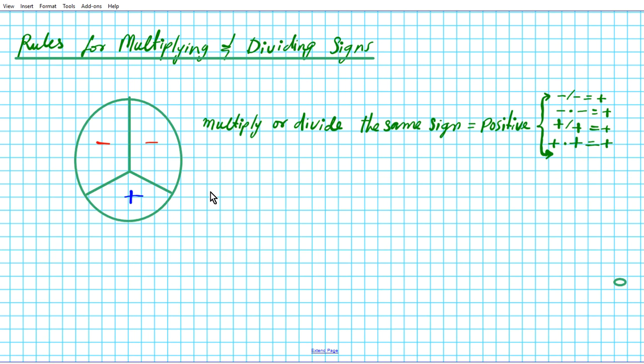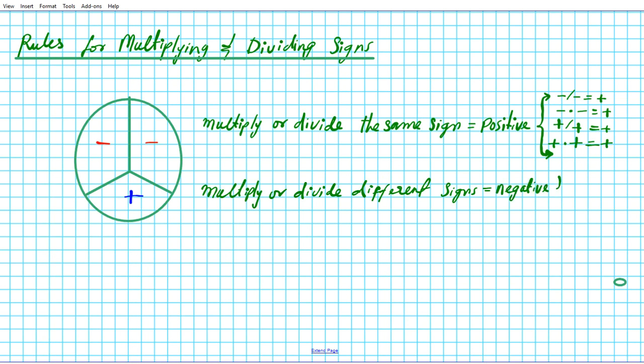Okay? Now on the flip side, when you multiply or divide different signs, guess what? You end up with negative.